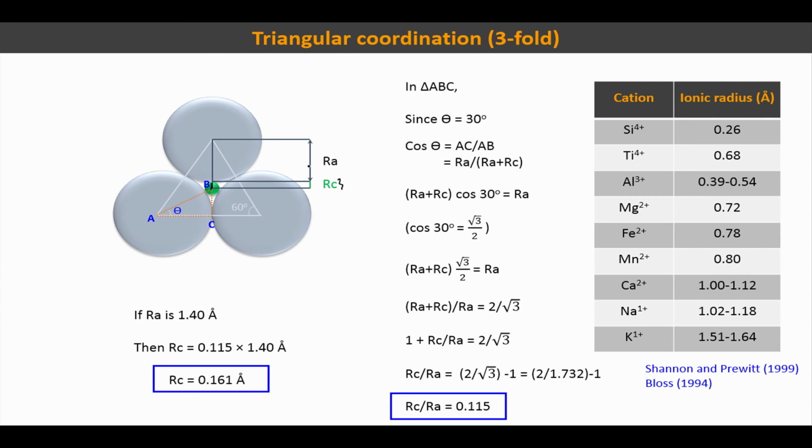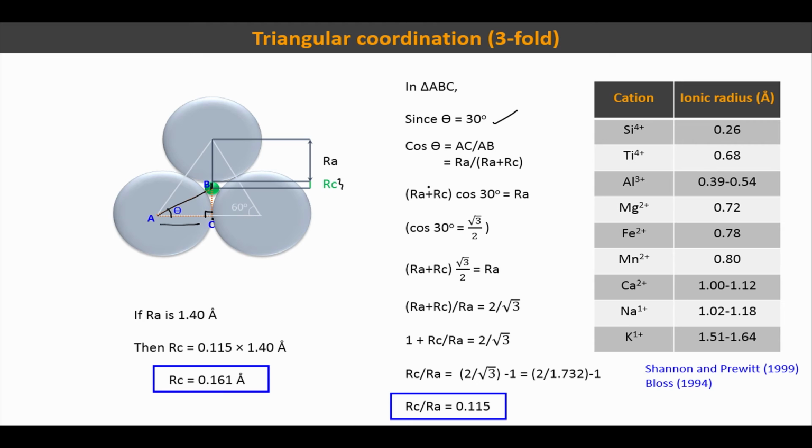And if you draw a perpendicular from the center of the cation sphere, it will intersect at a point, and you define that point as C. So, you have a triangle ABC and the angle BCA is 90 degrees, and this angle is theta, where theta is equal to 30 degrees. So, you can define cos theta in this right angle, if you know AC and the hypotenuse.